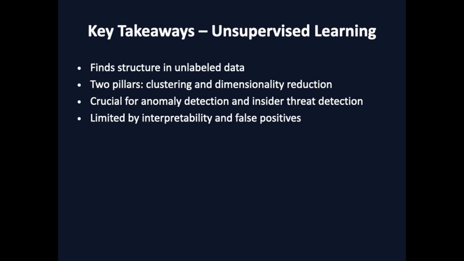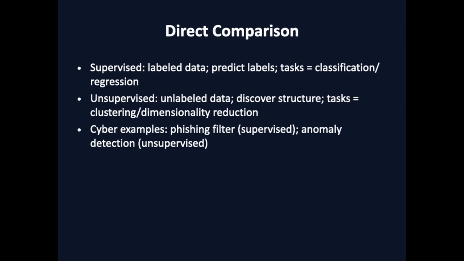Both of those we've discussed a little bit earlier in this video. And unsupervised learning is crucial for anomaly detection and insider threat detection, but it is limited. Sometimes we need to spend extra time interpreting those results, noise and so on, and also false positives that can occur.